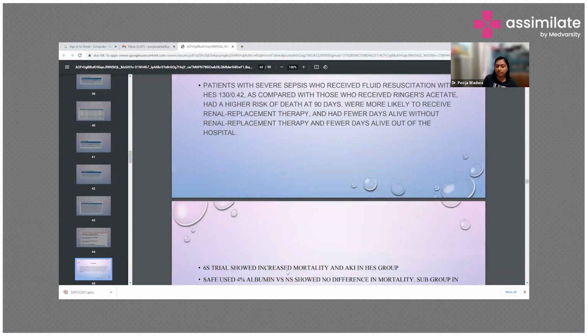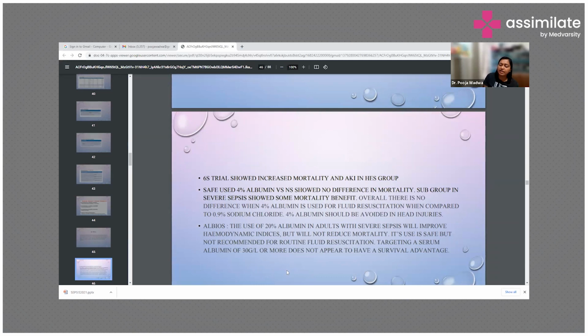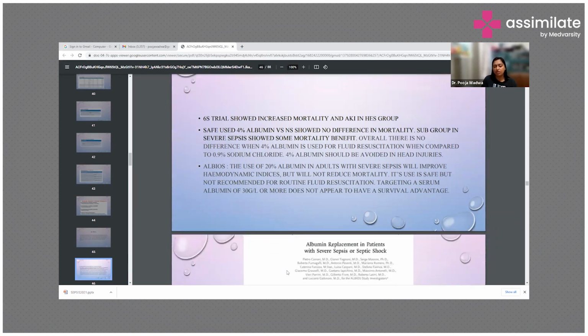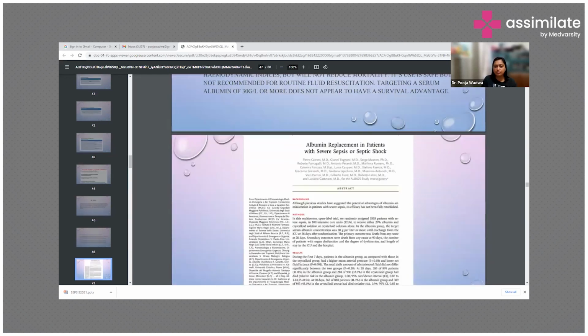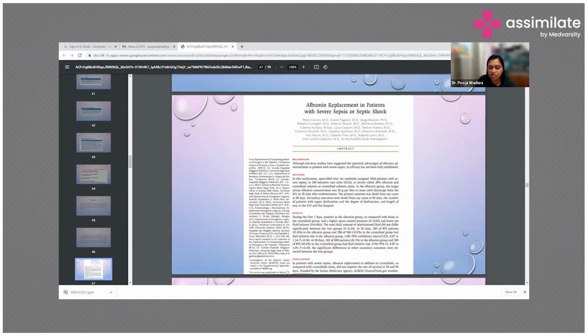So it is not recommended. This shows that there was increased mortality and incidence of acute kidney injury. The same was the case with other trials also, which was published in NEJM.